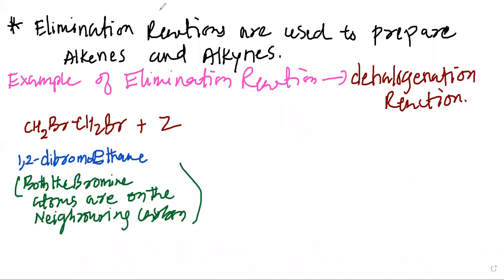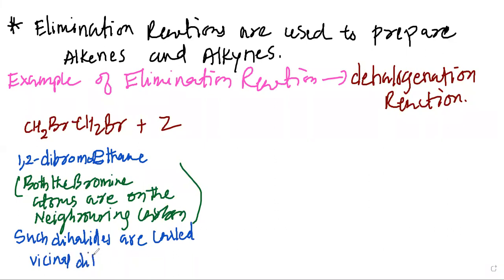And my dear students, please remember that such dihalides, dihalide means having two halogen atoms, such dihalides are called vicinal dihalide.